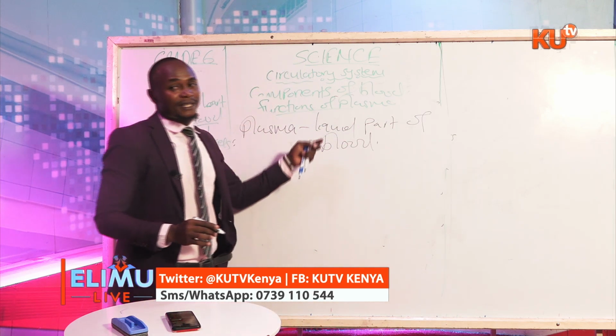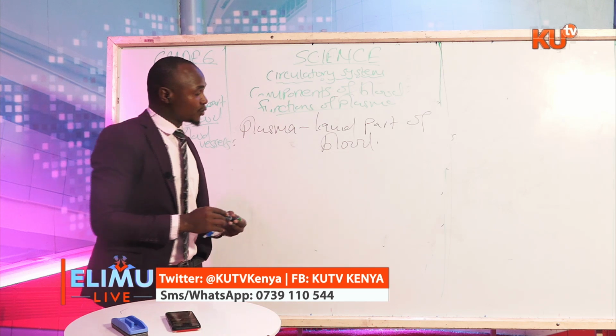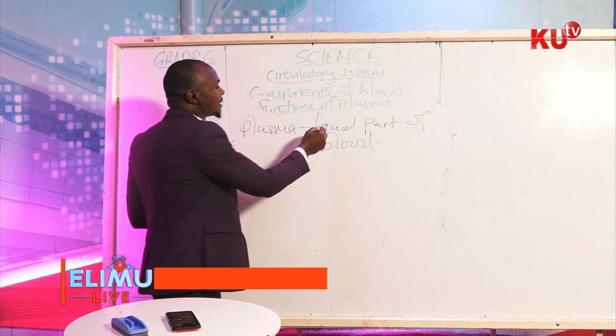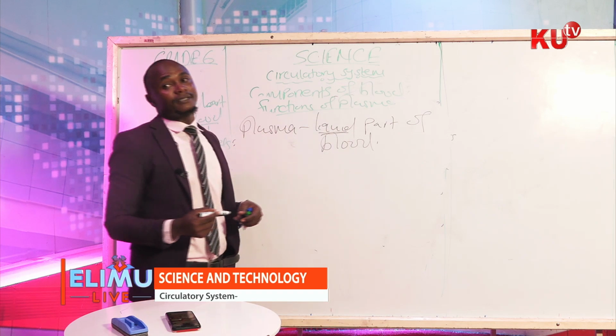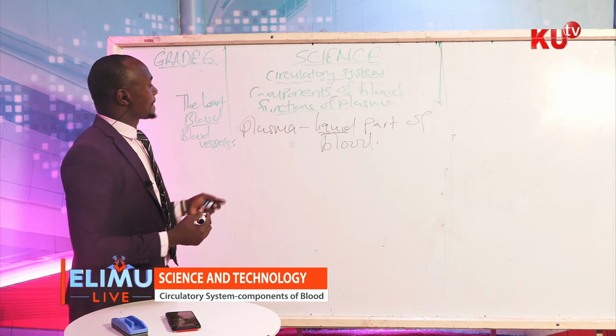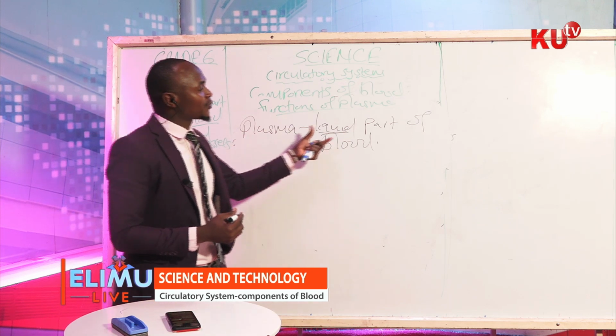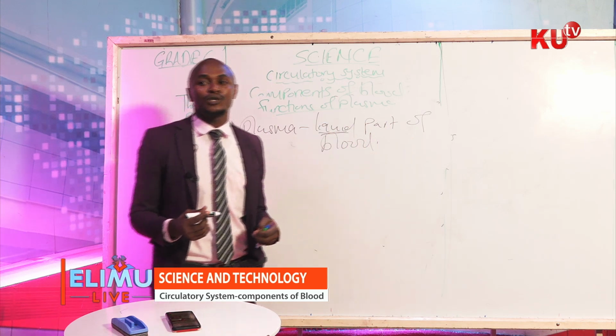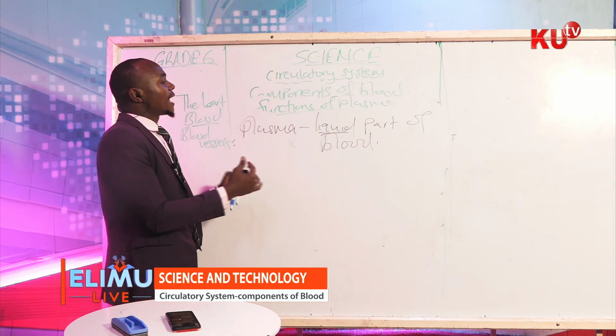The reason why we said this is for you to be able to understand that being a liquid doesn't have a shape. So we stated that plasma is the liquid part of the blood, and that is what makes it able to transport all the other blood components.